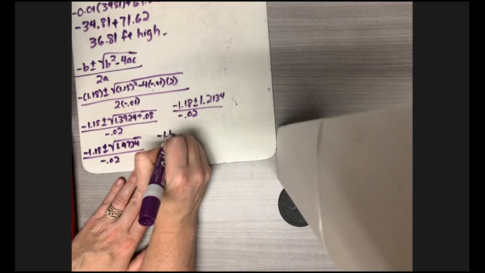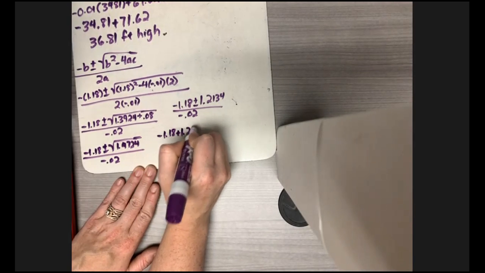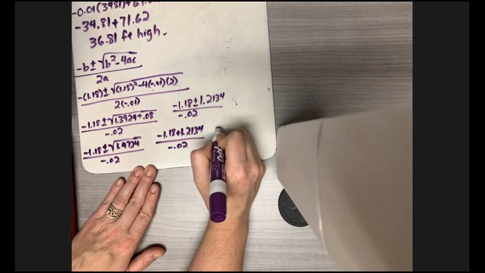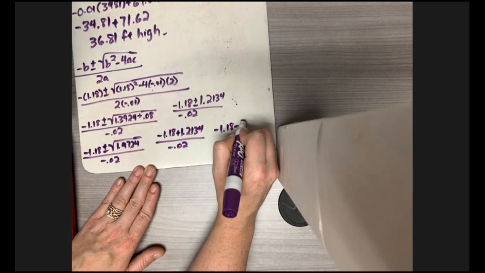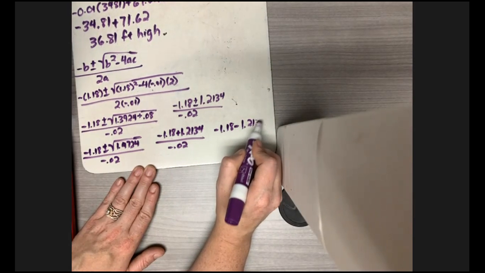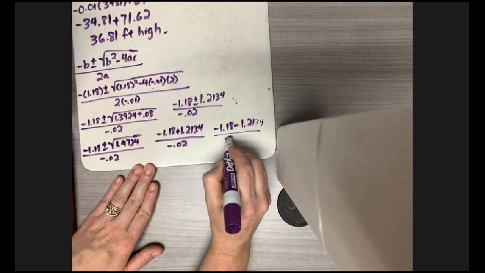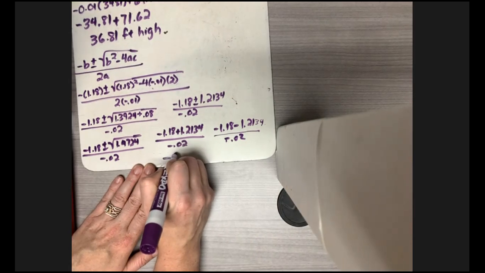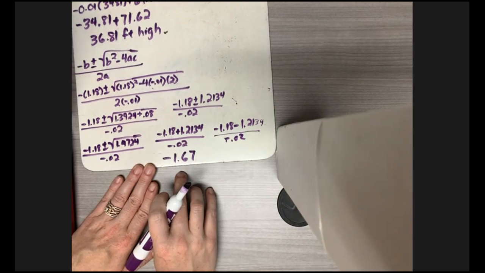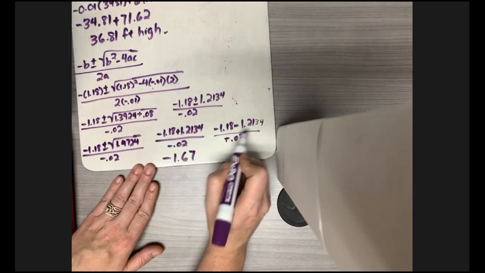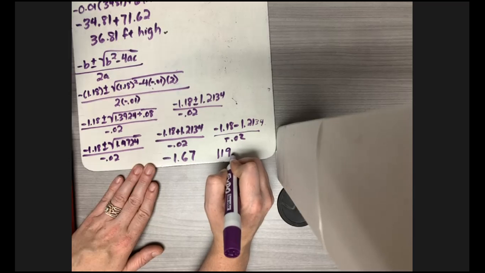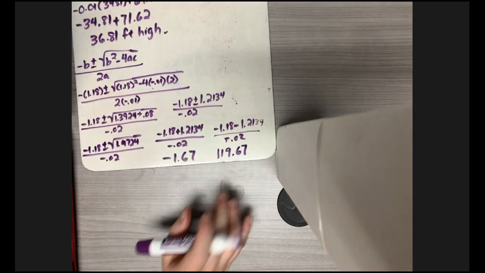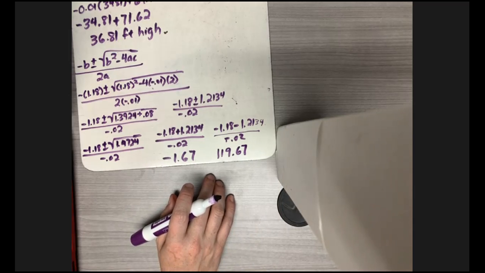So I've got negative 1.18 plus 1.2134 over negative 0.02, and negative 1.18 minus 1.2134 over negative 0.02. For the first one, when we do the addition and the divide, we get negative 1.67. We'll discuss that one in just a second. When I do the subtraction, I get 119.67.